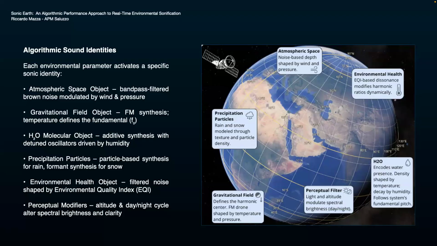We'll see it later. Together, all these objects form the algorithmic ecosystem of Sonic Earth, a set of interdependent sonic identities that evolve continuously with real-time environmental data.